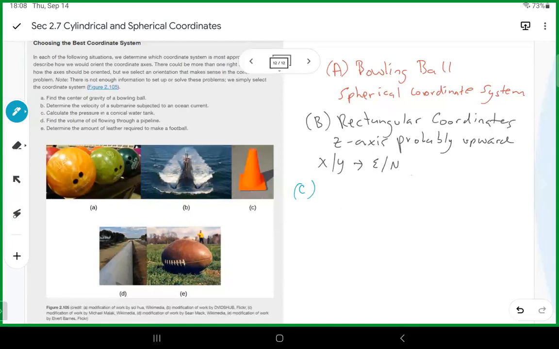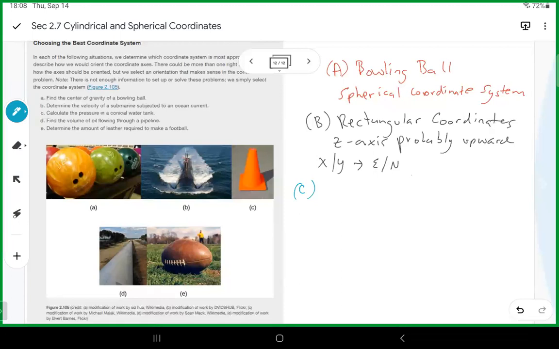It is just a cone. That is not a water tank whatsoever. That is just sad. Okay, so ironically, even though you all see that question C says calculate the pressure in a conical water tank, we can all read that that's what that says. Yes. All right. Let me just start reading to you what the answer is here.